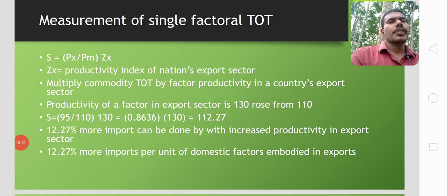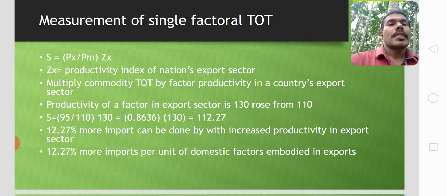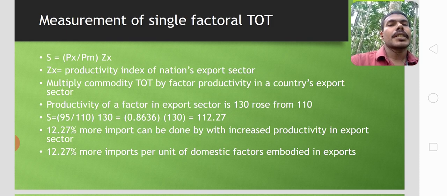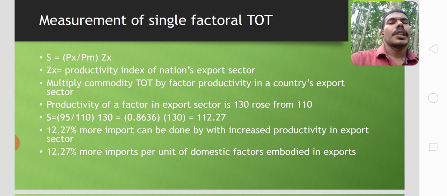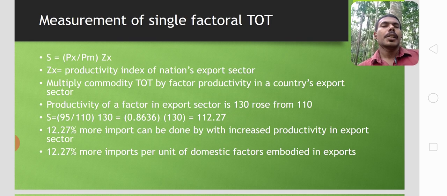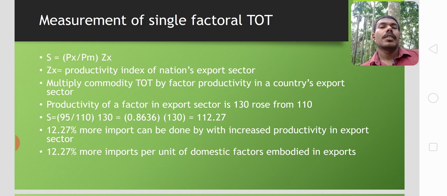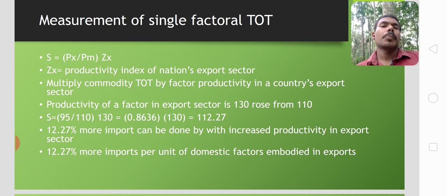Single factorial terms of trade can be measured by multiplying the factor productivity index in the export sector of a nation with the net barter terms of trade, or the commodity terms of trade. S stands for single factorial terms of trade. Px divided by Pm, the price index of export divided by the price index of import commodities, is the commodity terms of trade or net barter terms of trade that we discussed first. That can be multiplied by Zx.